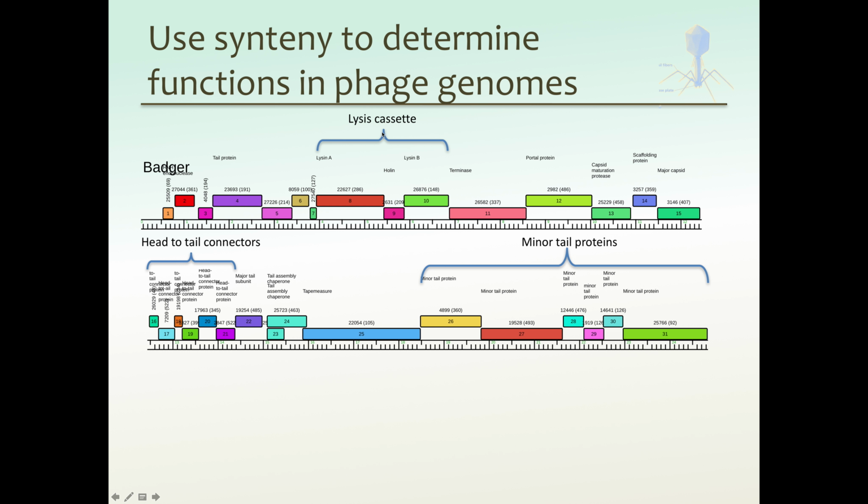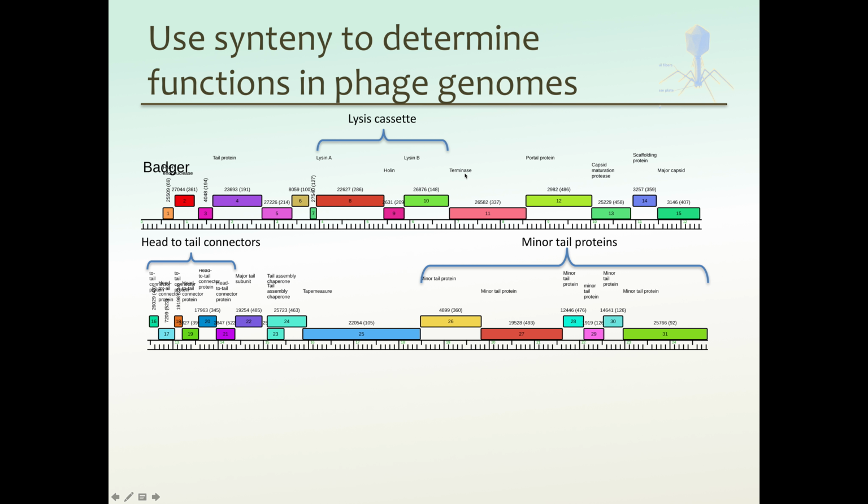There's something called the lysis cassette, and I'm going to talk more about this in part 2 of this lecture. But there's a lysin A, a holin, and a lysin B, and hopefully you have some idea what these genes might do. But I'm calling this a lysis cassette because I know these 3 genes will always be clustered together. They have related functions, and their location in the genome is always together.